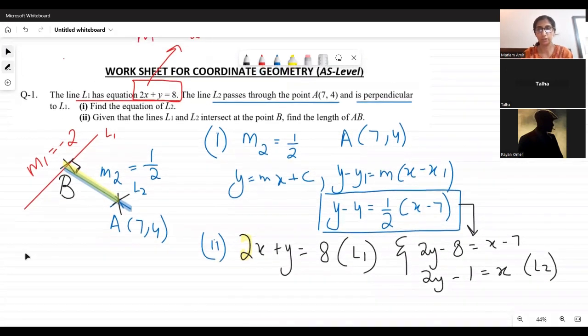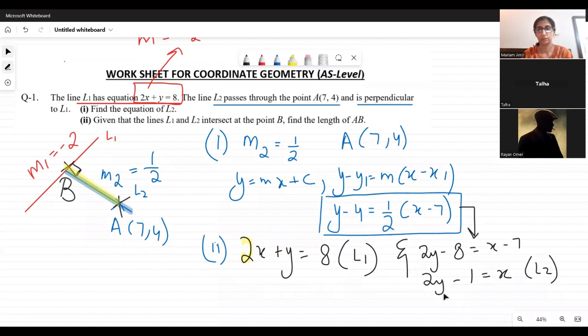Ryan, I hope you're on it. Solve this equation and this equation simultaneously.